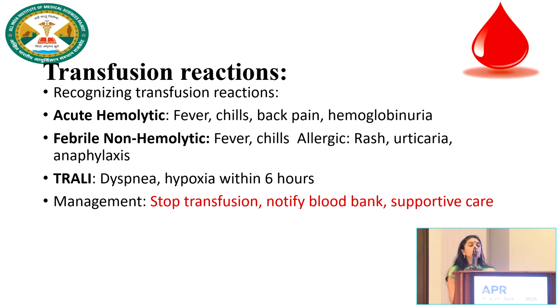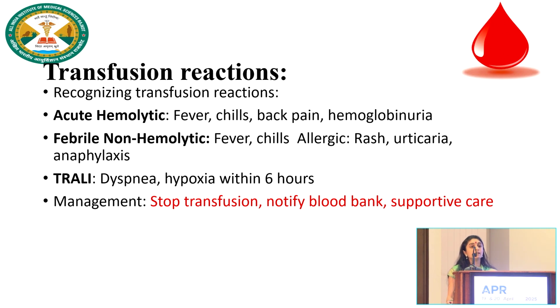So, how will we recognize a transfusion reaction? There is a horizon of transfusion reactions and we are not here to discuss all of them. But yes, immediate transfusion reactions can be acute hemolytic type, febrile non-hemolytic.